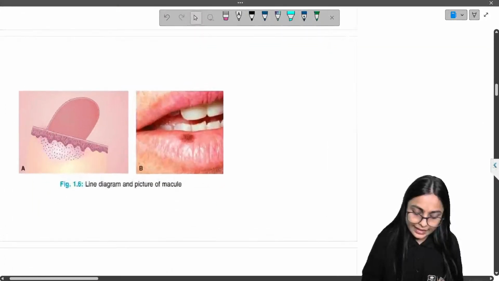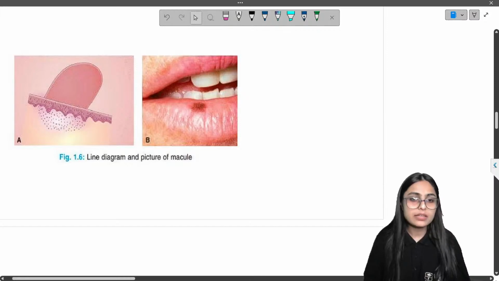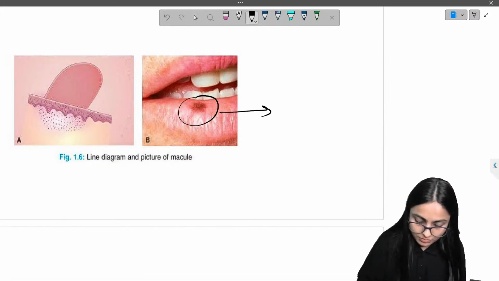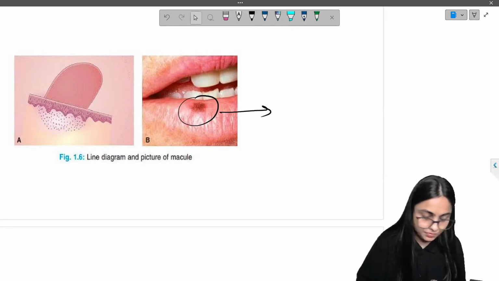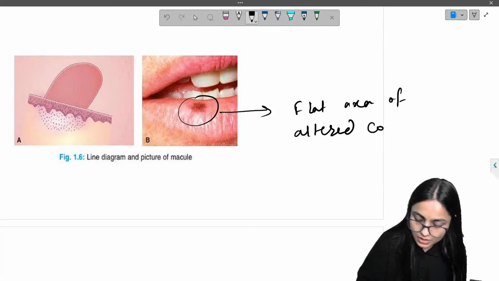Moving on to the next primary lesion, which is a macule. Now, can you see this macule is just a flat area of altered coloration.